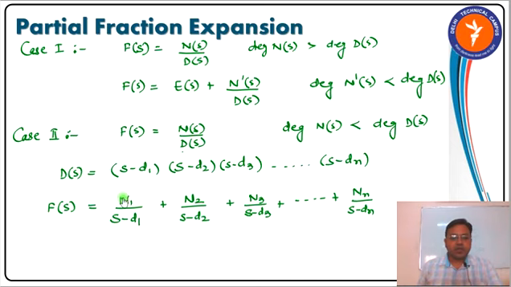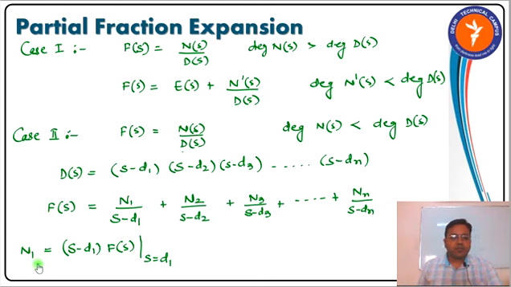Then there is a residue theorem which enables us to calculate the values of n1, n2, n3 and nn, where n1 can be calculated as follows. We are calculating the residue at d1, so n1 will be equal to (s minus d1) into F(s); I will multiply this with this, and after the multiplication I will substitute s equal to d1, that is, substituting this equal to 0, I get s equal to d1.